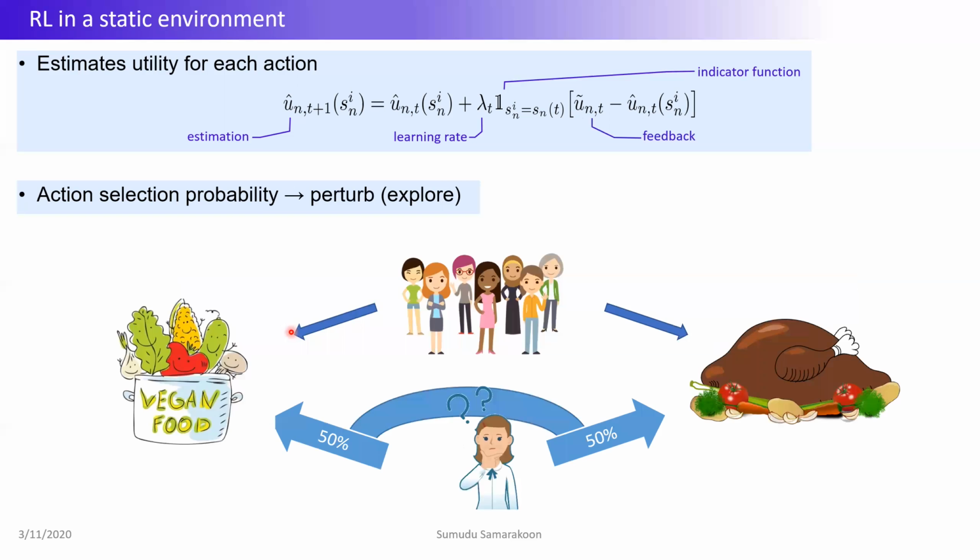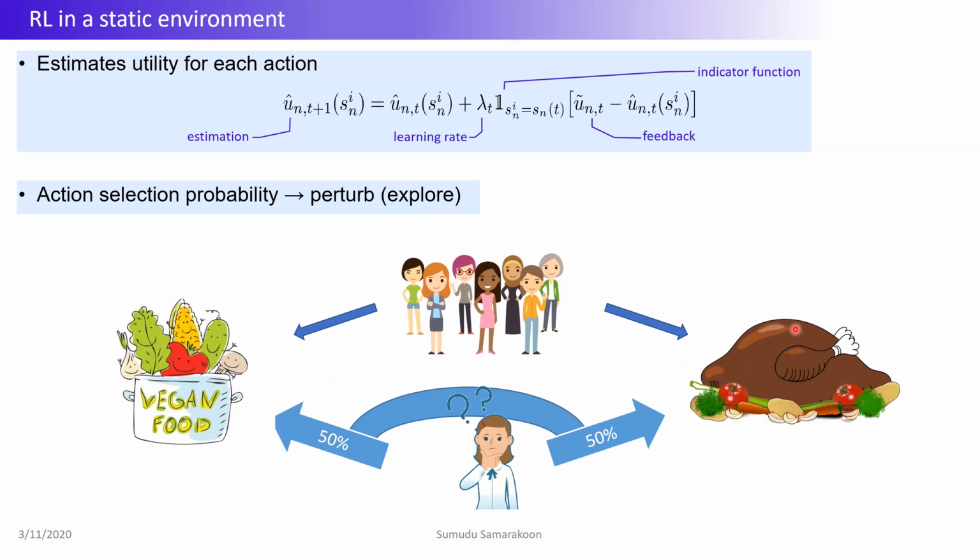So in the same example, this lady would decide to prepare vegan food with 50% probability, or with 50% chance she would go with preparing non-vegetarian food.